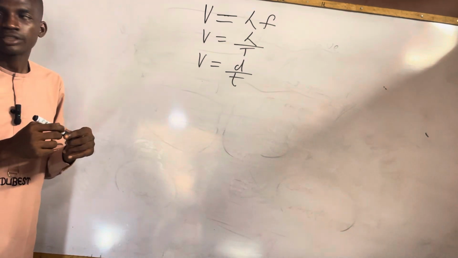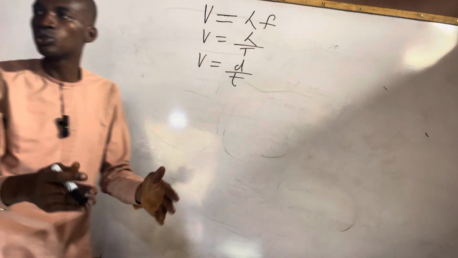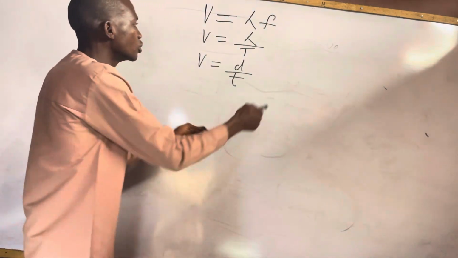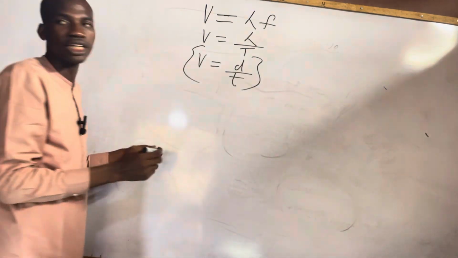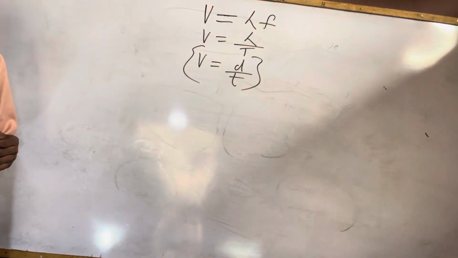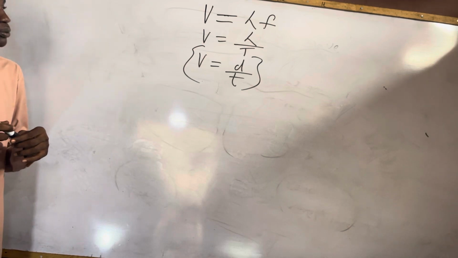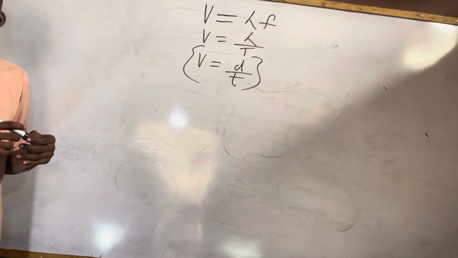So which one are we going to use from these formulas? There is nothing like distance between two things, so we are going to use velocity equals distance over time.